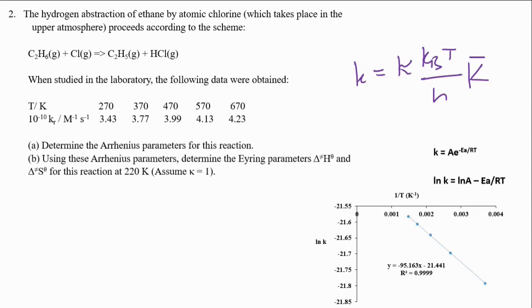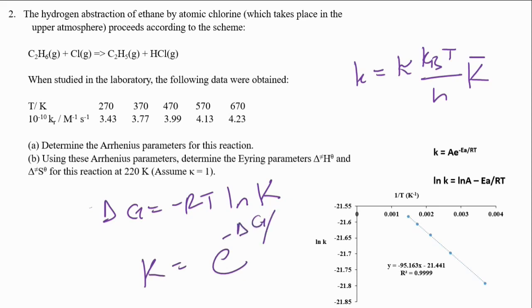Now, K, which is the equilibrium constant, as we know already from Boltzmann, delta G is equal to minus RT ln K. We know that. And so what you find then is that K is equal to e to the minus delta G over RT. So wherever K is, we can actually remove it and put this.